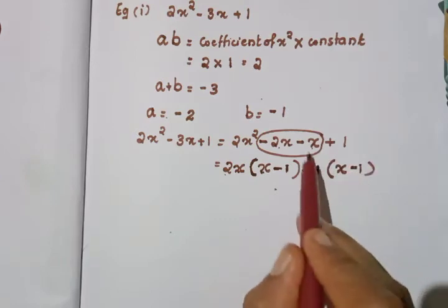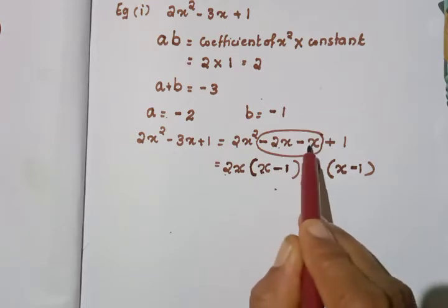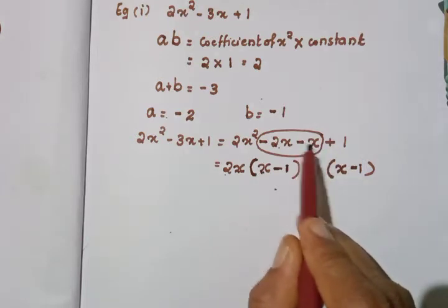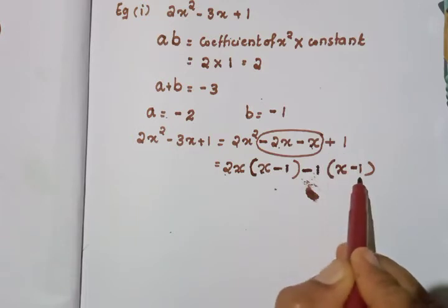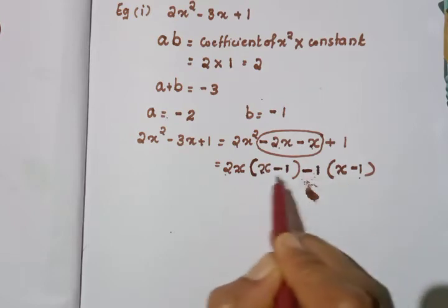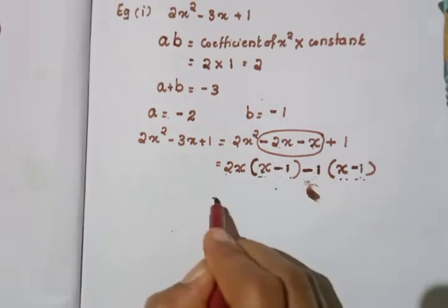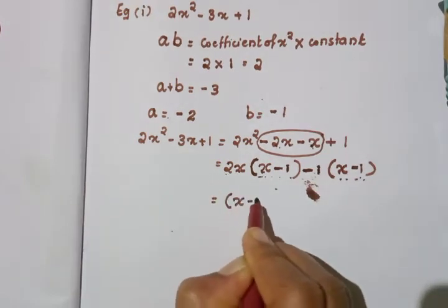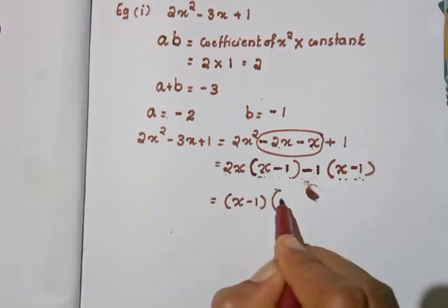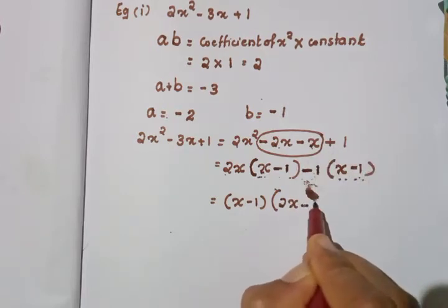So no need to get confused. When you take the negative outside, you put a 1, and change the sign of the terms: negative x becomes positive x, positive 1 becomes negative 1, and put the bracket. Now see here, again you have x minus 1 as a common factor. Take x minus 1, the common factor, outside. From here, what is remaining? 2x. And in the same way, when you take x minus 1 from the other term, it is negative 1.